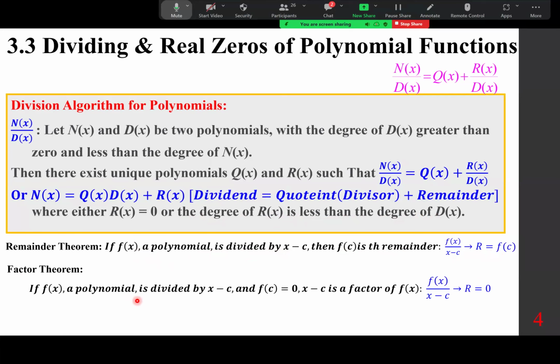If f of x, a polynomial, is divided by x minus c, and f of c is 0, then x minus c is a factor of f of x. That means r, the remainder, is 0. So the remainder theorem says if you divide f of x by x minus c, the remainder is f of c. And factor theorem says when you do that, it is still f of c, but it ends up being 0.